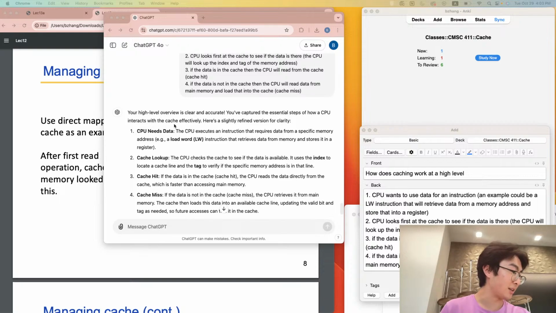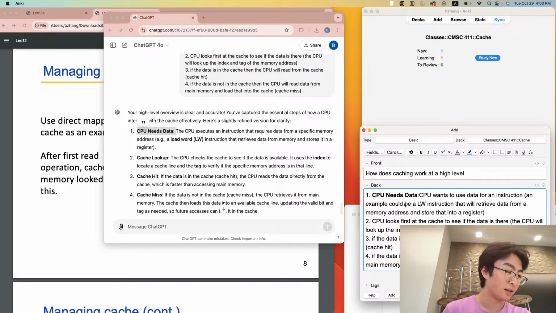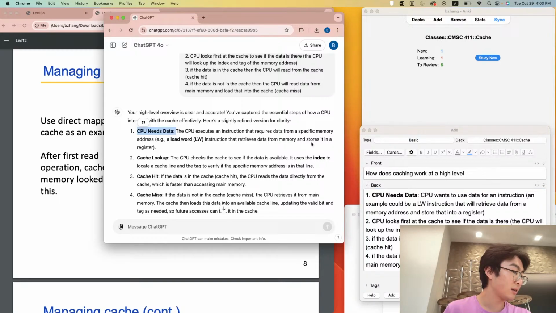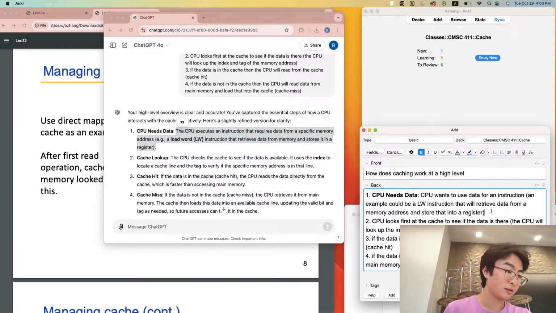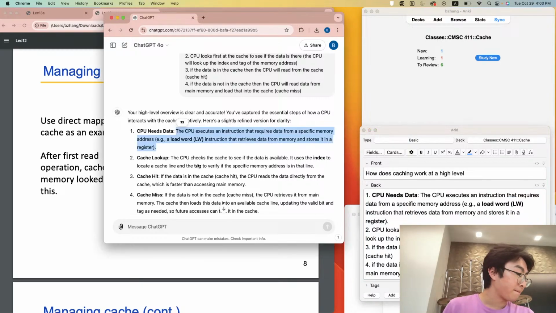Okay, I actually kind of like this. CPU needs data. CPU executes an instruction that requires data from a specific memory address. It's actually good. Cache lookup.